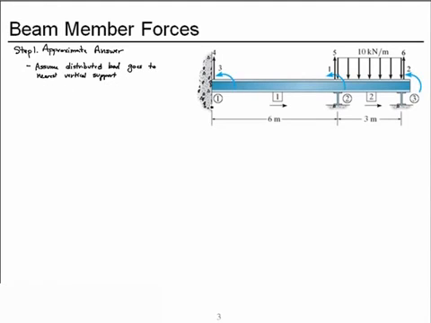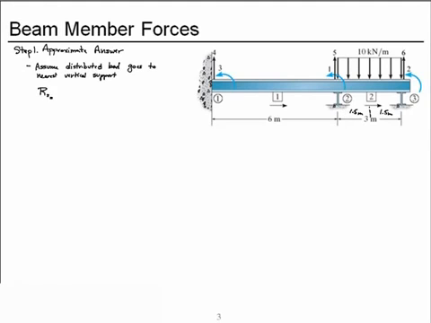That means, since this is the only region with distributed load, 1.5 meters worth goes to the reaction at node 3, and 1.5 meters worth goes to the reaction at node 2.